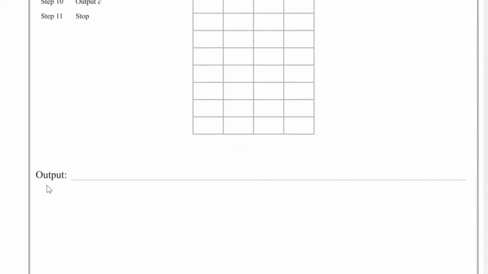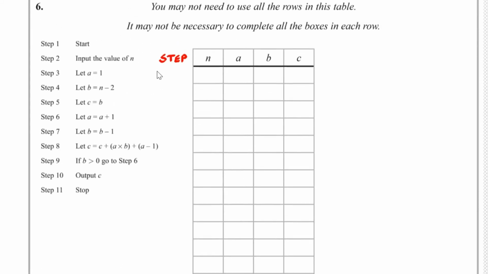So the output would correspond to step 10. And I've created an extra column where we will put the relevant steps. So the first thing we will do is start the algorithm.